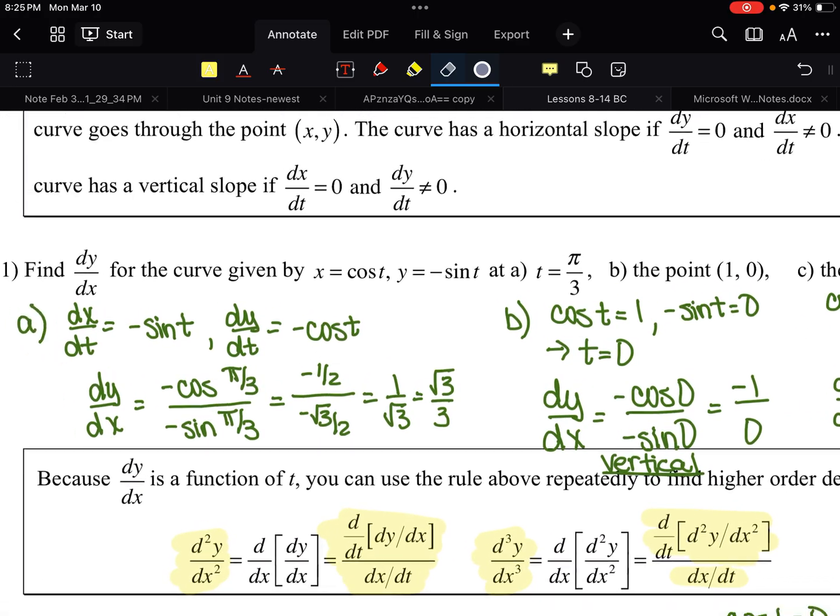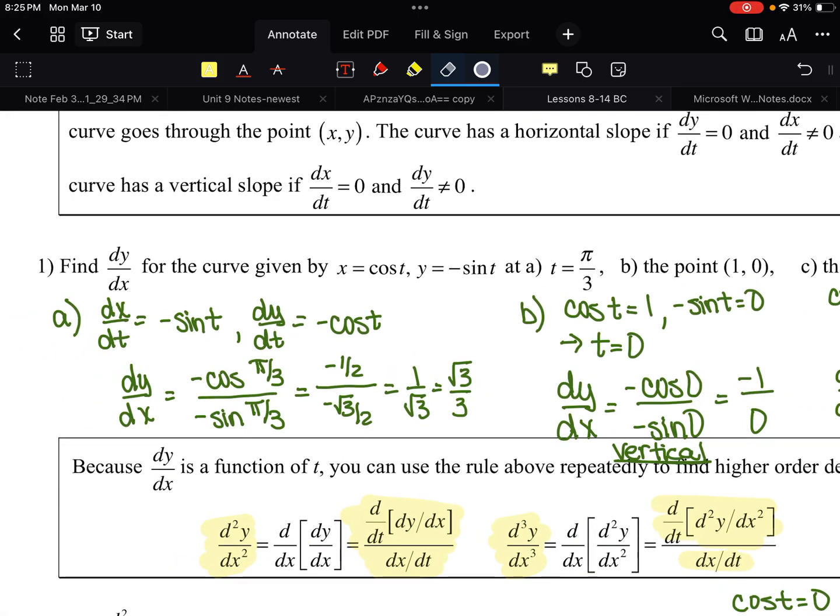So when you look at this function, dy/dt is the derivative of negative sine, and dx/dt is the derivative of cosine. So dy/dx is dy/dt over dx/dt, and the dt's cancel out.